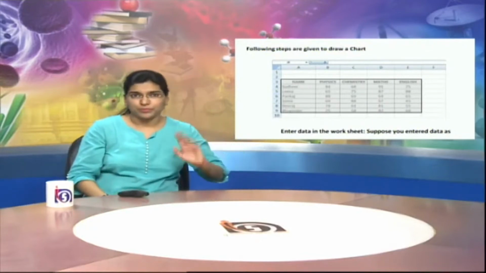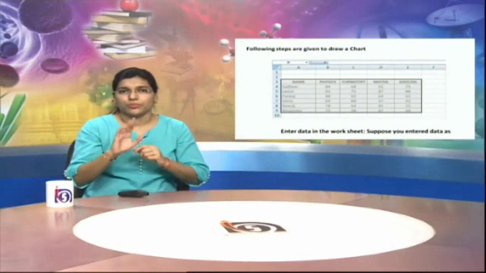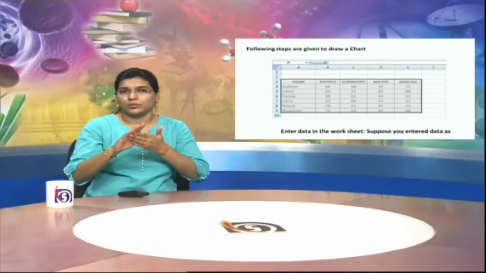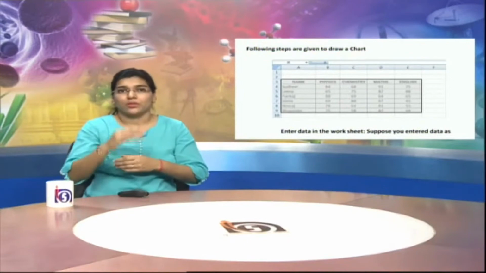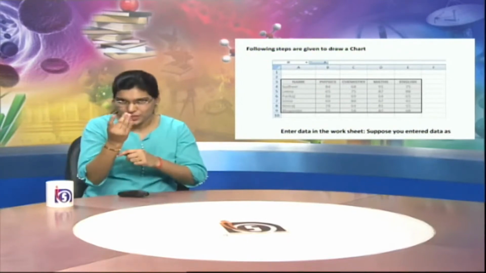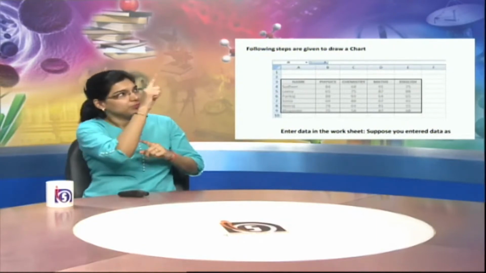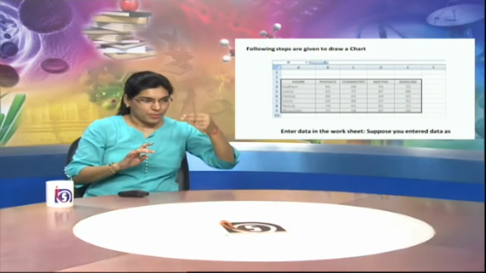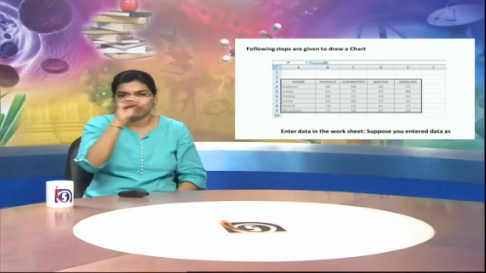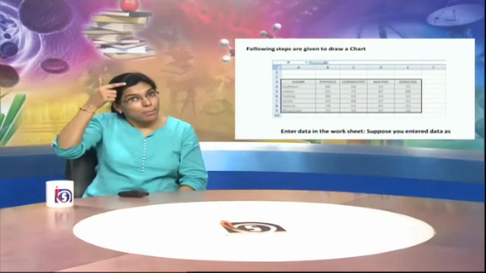Let us now see on the screen. This is a table where students' names are written, and physics marks, then chemistry marks, then mathematics marks and English marks are written. So, subjects' names and students' names are written, and also marks are there in the table.